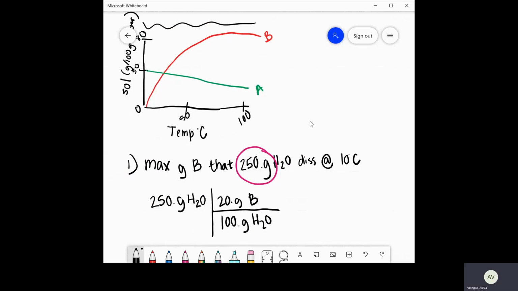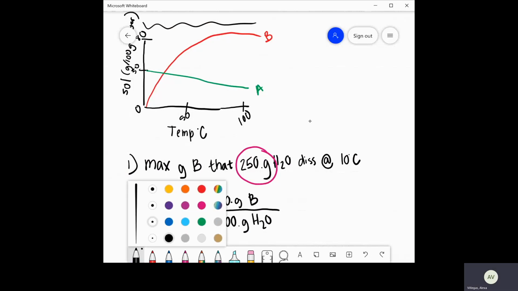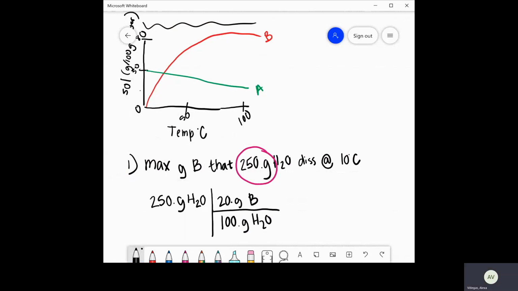And you saw that here was 20, and I believe here was 10.